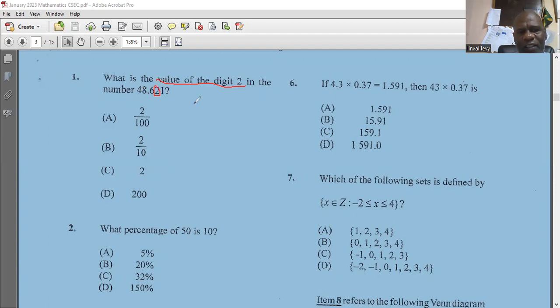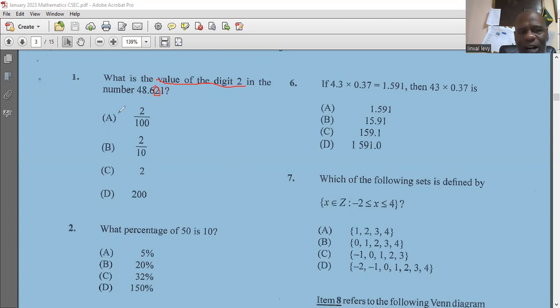Good. And that 2 is in the 100th place. So we have 200th, so the 6 is in the 10th place, the 2 is in the 100th, and so on.